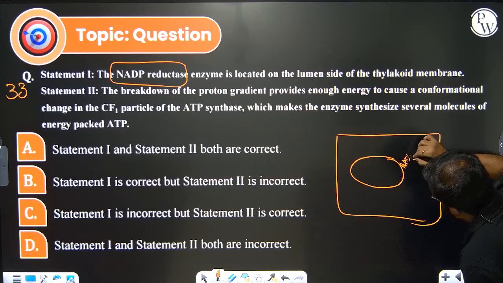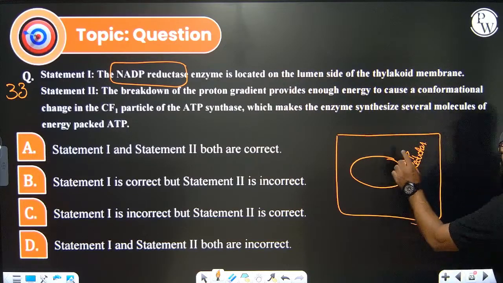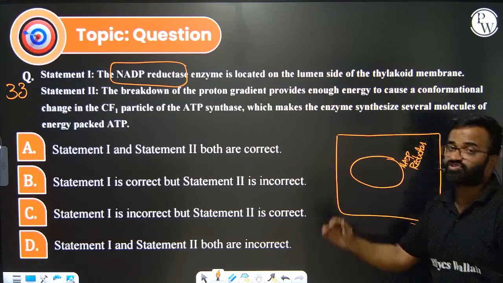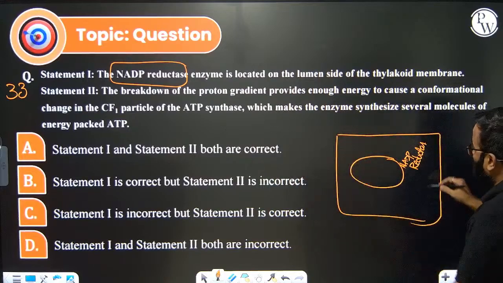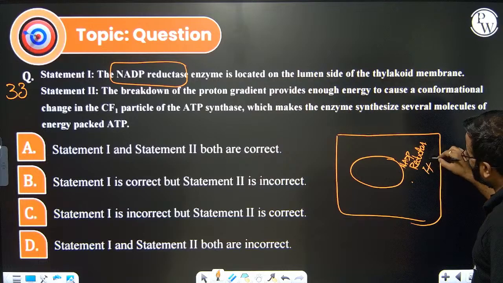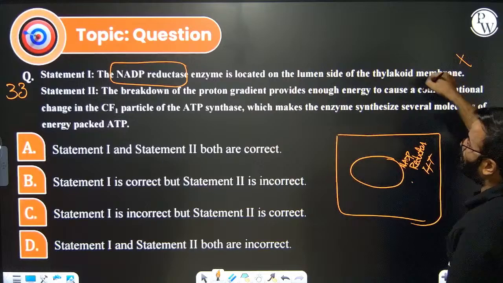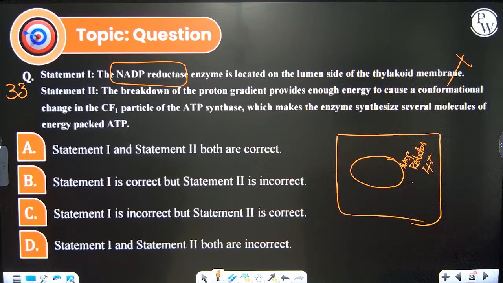So NADP reductase is present outside of the thylakoid membrane towards the stromal side, so that NADP will be reduced by utilizing protons from the stroma. So this is wrong as a statement.